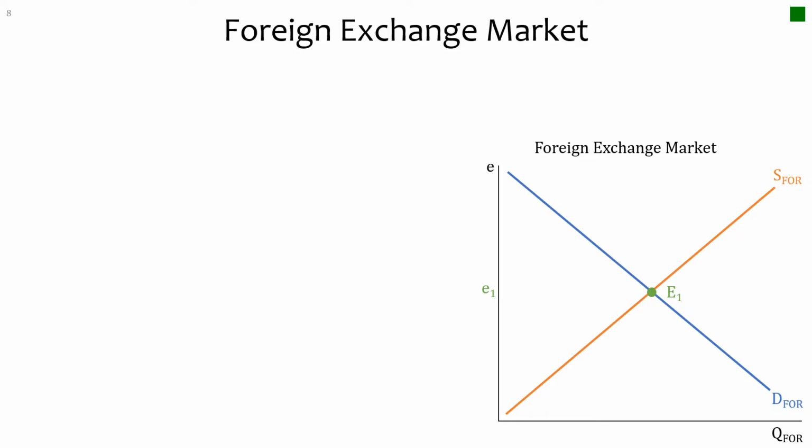The foreign exchange market is just like any other market with supply and demand. So let's look at an exchange rate which is above the equilibrium rate. Now remember, the exchange rate is the price of foreign exchange, the price of foreign currency. If the price of anything is high, what's going to be the level of supply and the level of demand?